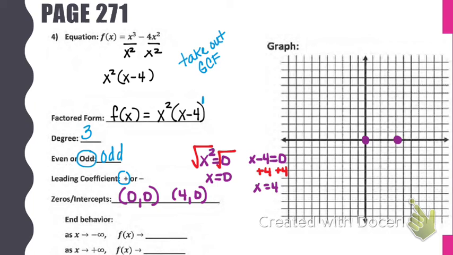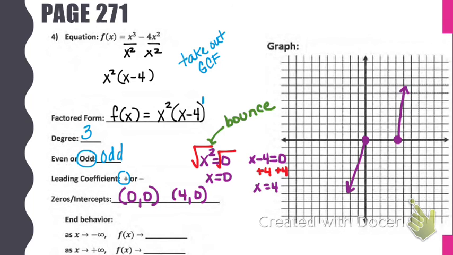Okay, so because this is a positive function, off this 0, I want you to put an up arrow. It's going to go up. And then what do you think it's going to do off this one? Is it going to go up or is it going to go down? Down. So remember, whenever it's an x squared, it is going to bounce.